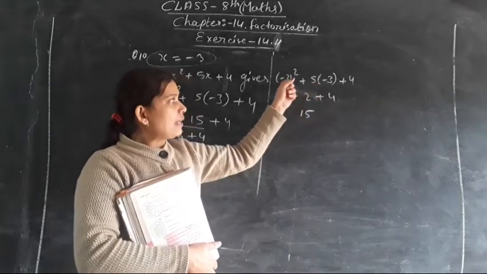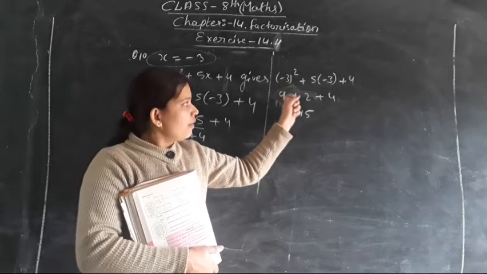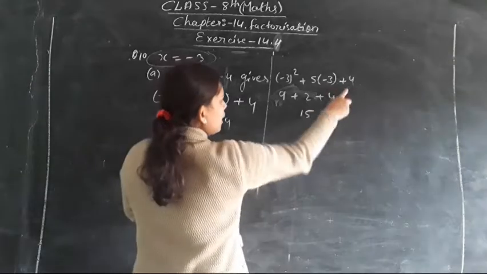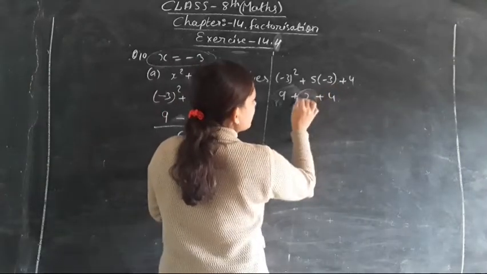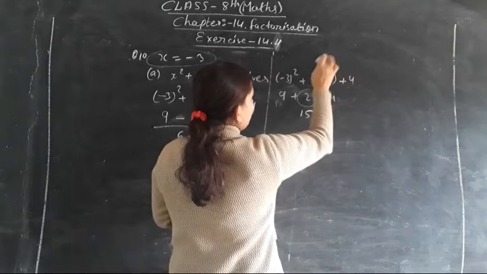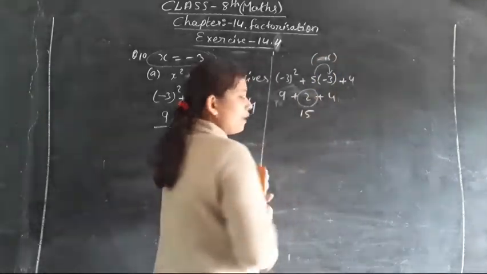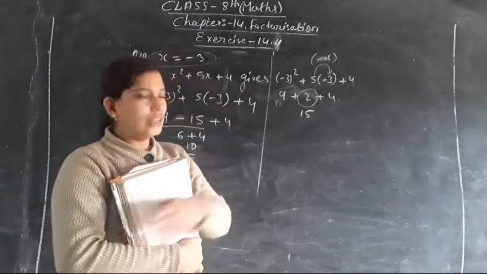So here minus 3 into minus 3 will be plus 9. Then 4 will come as it is. Now what is the difference here? Here 5 into 3 will be 15, minus 15, isn't it? So here what answer are we having? 2 we are having, which is an error over here, isn't it?